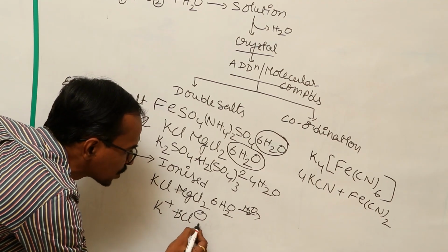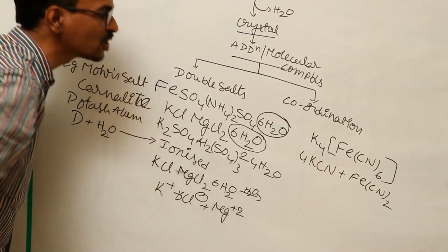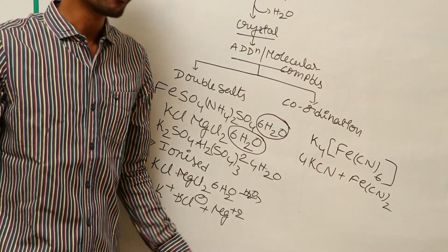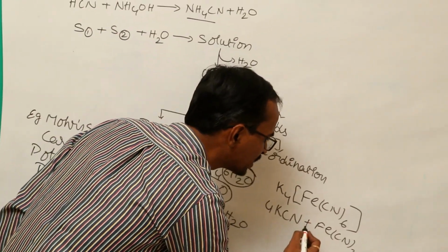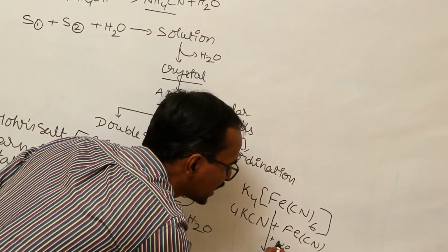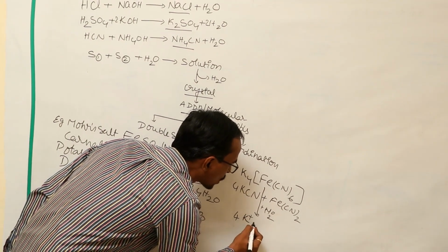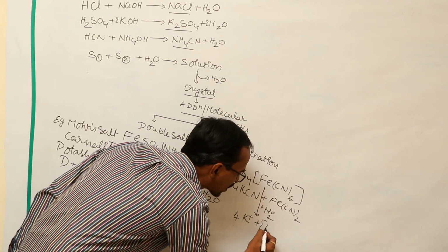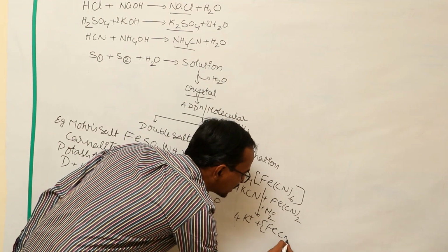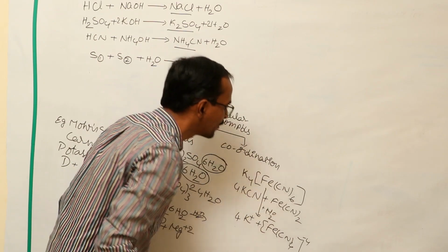Totally you will get 3 moles of chloride ion, as well as magnesium ion. Whereas if you dissolve potassium ferrocyanide in water, you will get 4 moles of potassium ion and a complex ion [Fe(CN)6]4- will be formed.